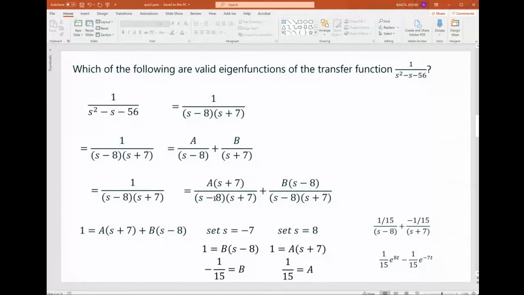And then you do this trick where you convert these denominators back into the original denominator by taking s plus 7 and multiplying it by A, over s minus 8 times s plus 7.